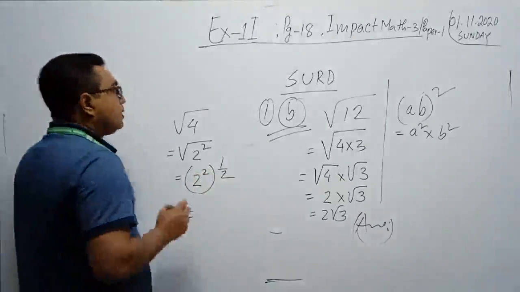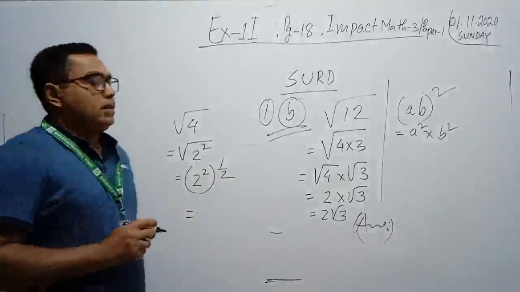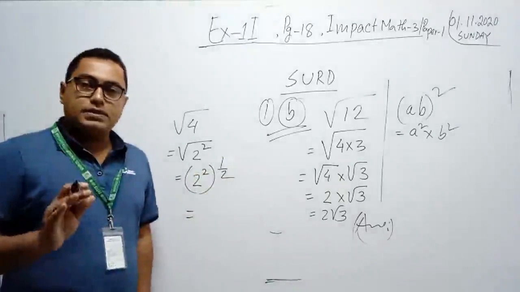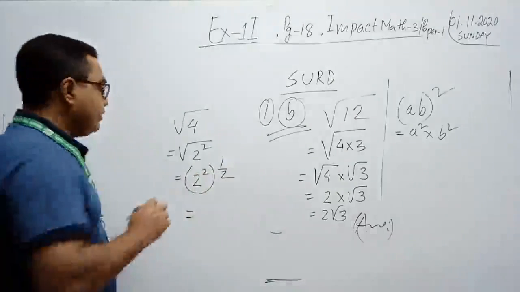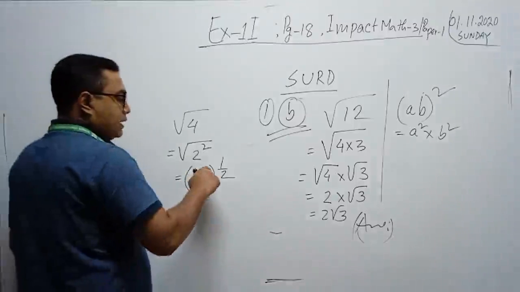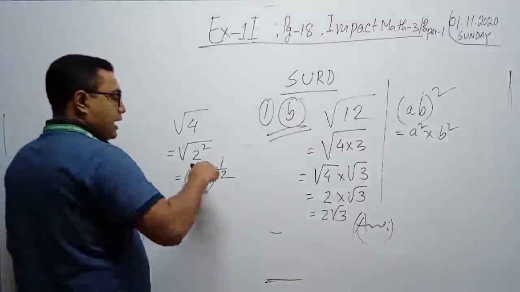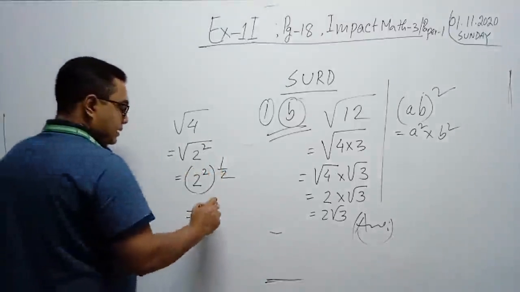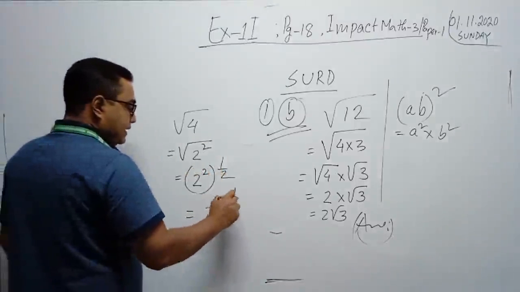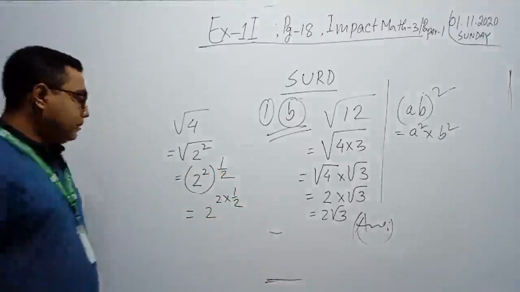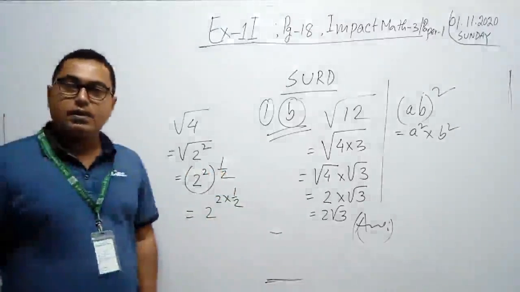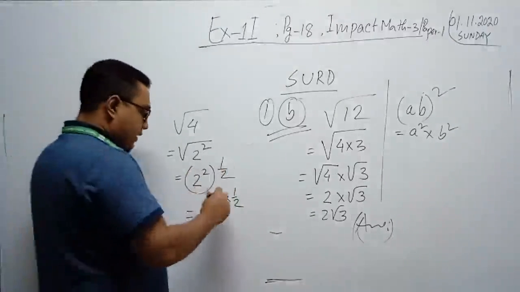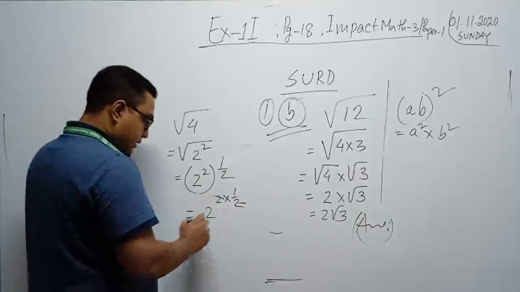Then, from the first law of indices we used, if we have a power on another power, then the two indices will be multiplied with each other. So 2 to the power of half, it is actually 2 cuts.